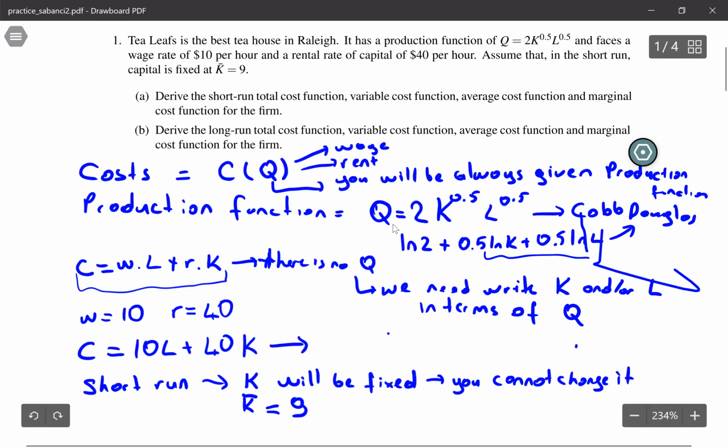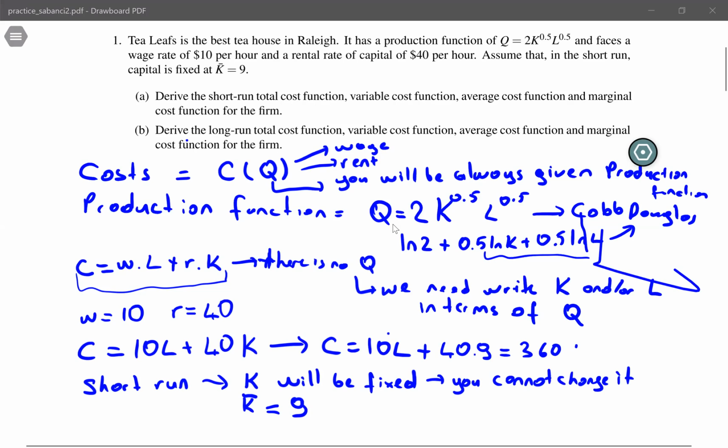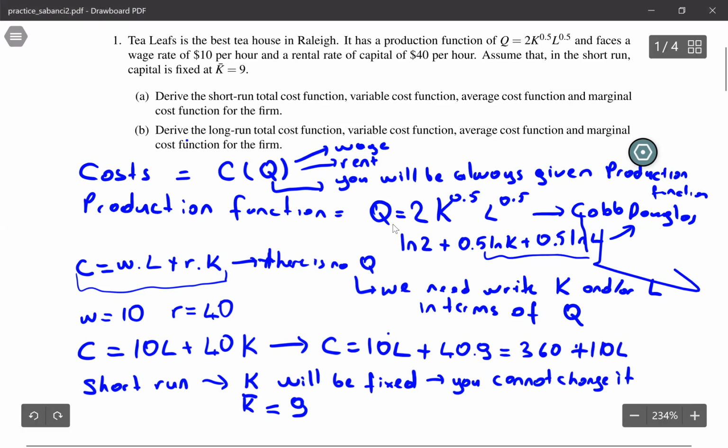Then I can rewrite the cost function as 10L plus 40 times 9, which is 360 plus 10L. This 360 will be my fixed cost, and once we write L in terms of quantity, the other part will be my variable cost.